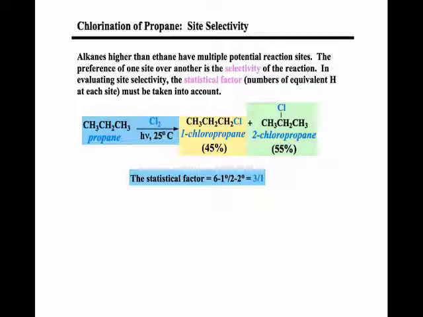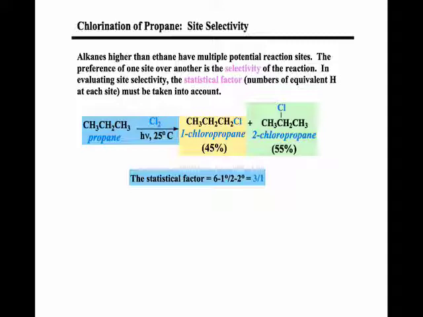Simple math tells you that you've got a 3-to-1 statistical ratio. That ratio tells us that if all things were equal, if it was just based on the chlorine radical randomly running into a hydrogen atom to abstract it, you should have 3 times as much 1-chloropropane as 2-chloropropane.